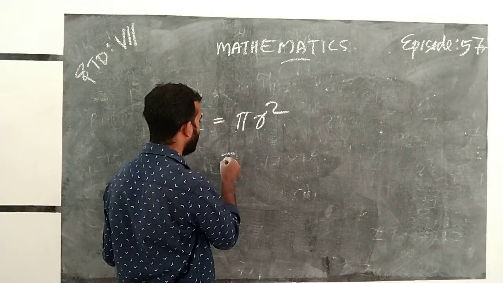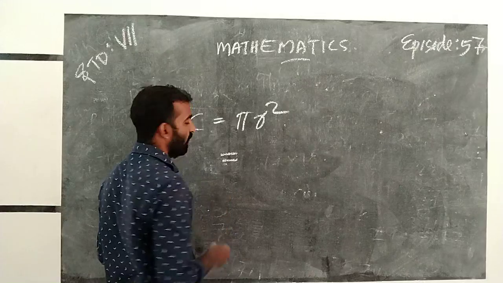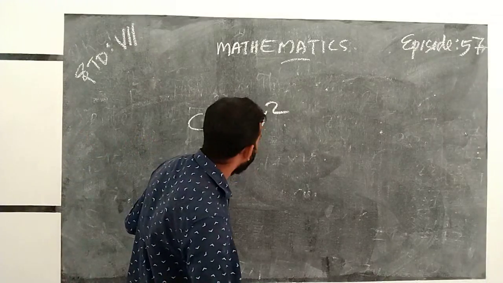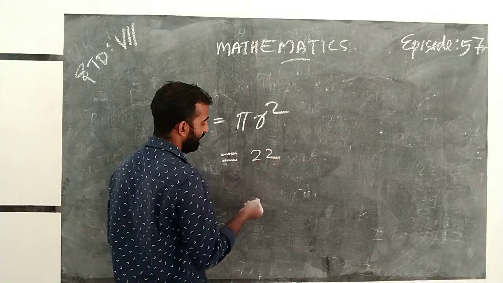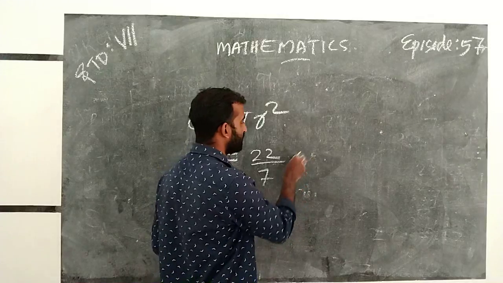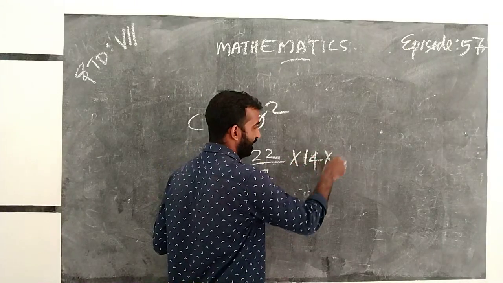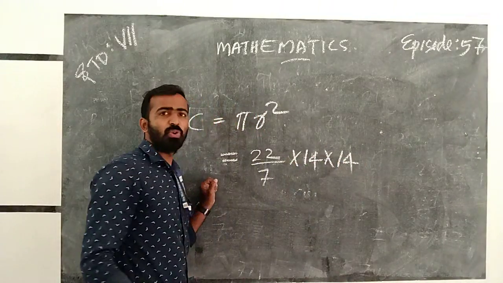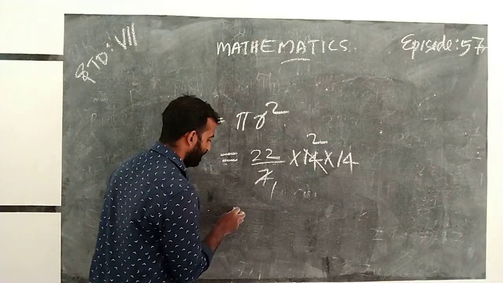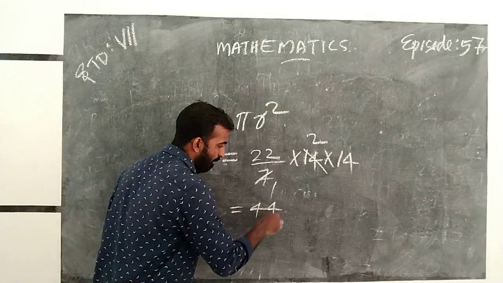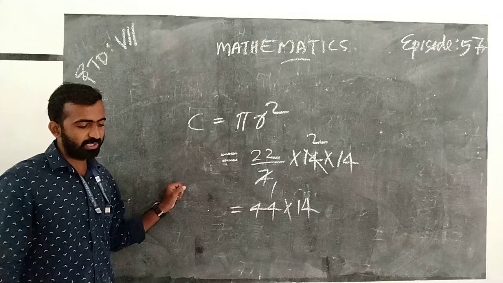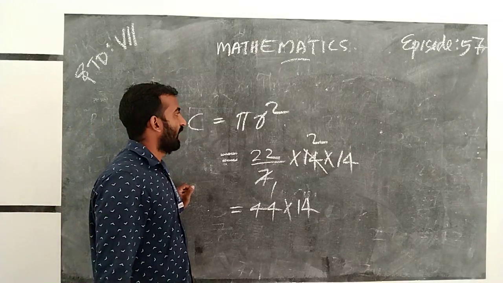Pi is taken as 22 by 7, r is 14. R square means 14 into 14. Is it? Yes.